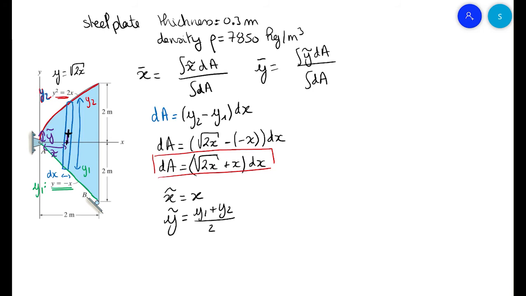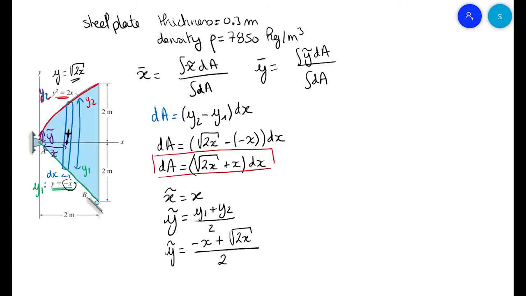That's the way we find the coordinate of the middle of a line. So y tilde is equal to minus x plus the square root of 2x, divided by 2. Let me rewrite it: that's 1/2 of the square root of 2x minus x. So now we can find the location of the gravity center because we have everything in terms of x.